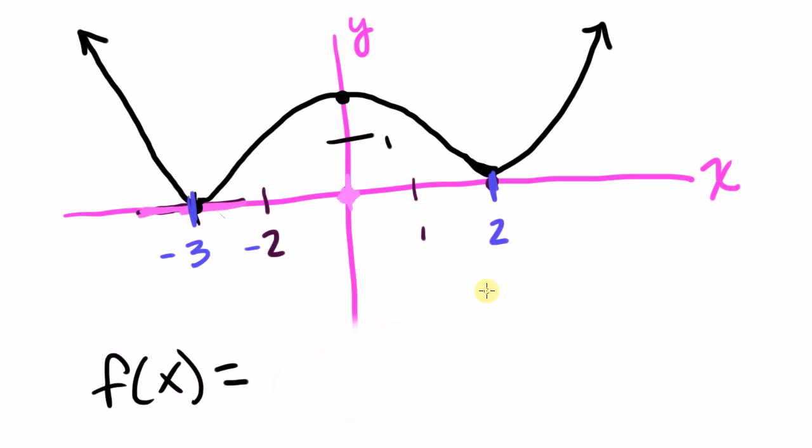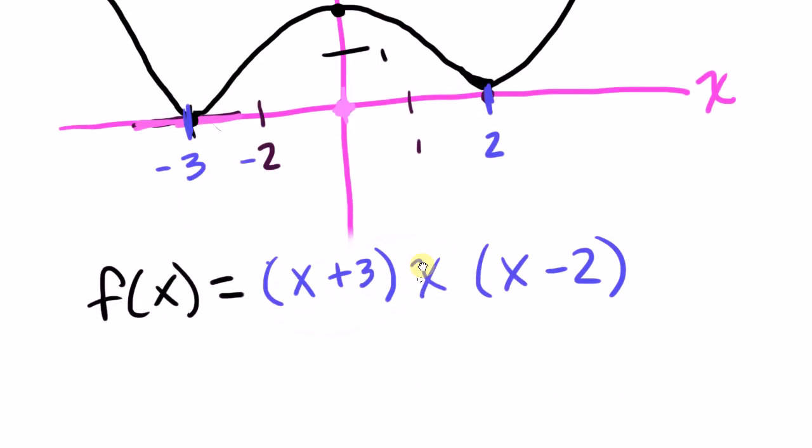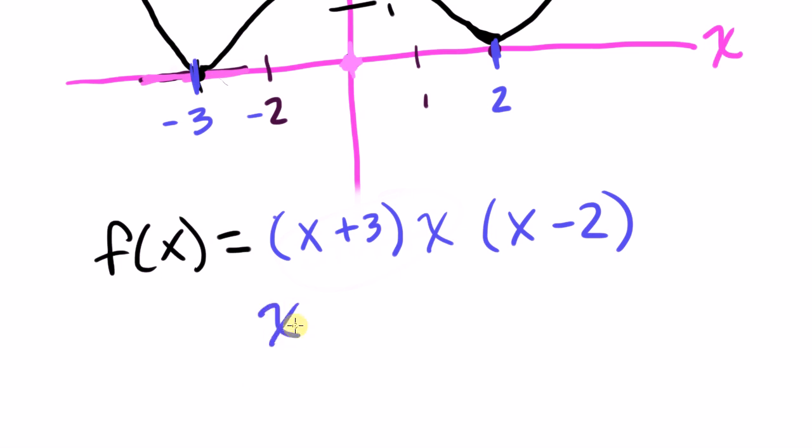So I'm going to have zeros at x plus 3, zeros at 0, and I'm going to have zeros at x minus 2. Alright, so let me clean this up. So x times x plus 3 times x minus 2.